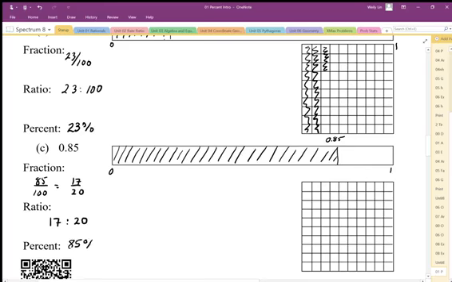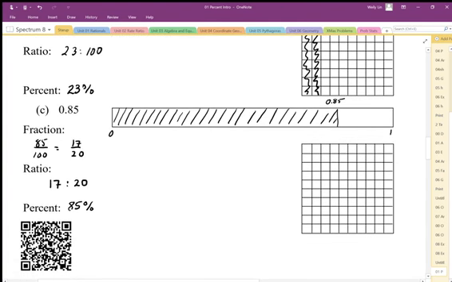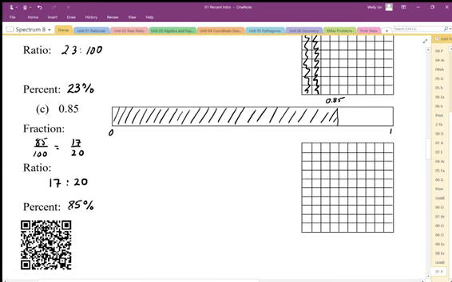So we get 85%. And in the hundreds chart, I'm going to shade 1, 2, 3, 4, 5, 6, 7, 8 full bars, and then I'm going to shade 1, 2, 3, 4, 5 more. Okay, so that's what it looks like on a hundreds chart.